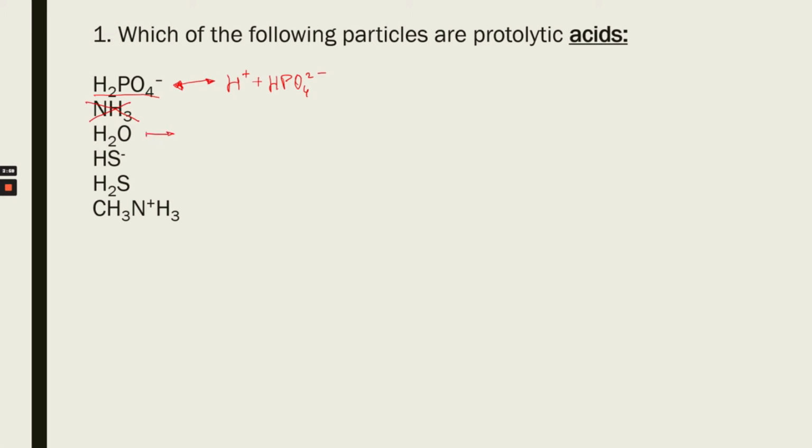It cannot donate a proton. Water is an ampholyte. It can both donate a proton and accept a proton. In that question, it is the proton donor, so it gives a proton. And hydroxide.